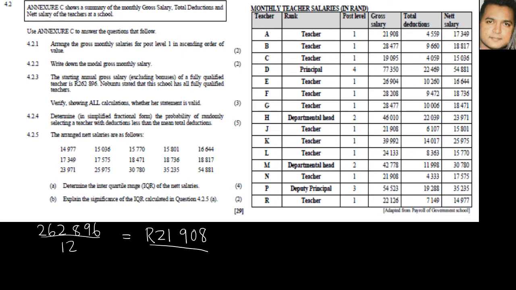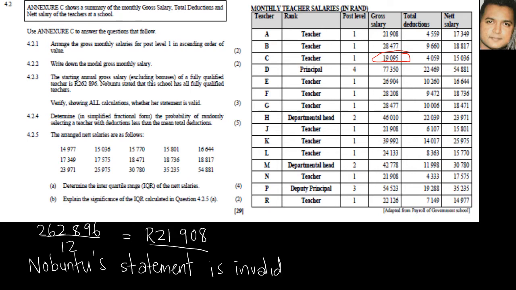But concerning this school, which is presented to us in Annexure C, we see that there is one educator that is earning about 19,000 some change. So therefore, Ubuntu's statement is invalid, because she has mentioned that there are only qualified teachers at the school. And the reason would be there is one underqualified teacher.